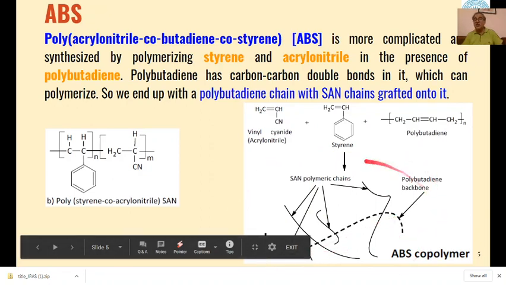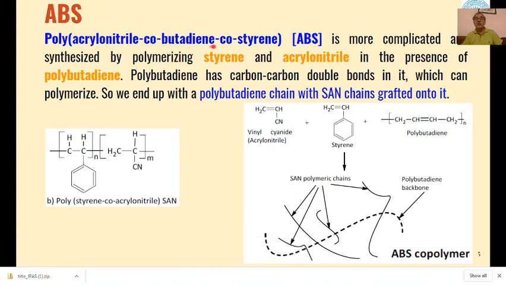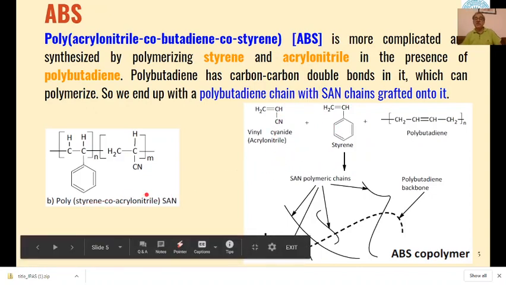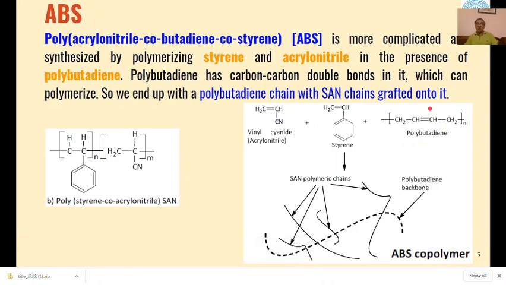So this has a complicated structure. You can say it is a grafting copolymer of acrylonitrile, butadiene and styrene. First polymerization of these two gives us SAN, and this SAN will be grafted on the polybutadiene backbone to give us ABS copolymer.